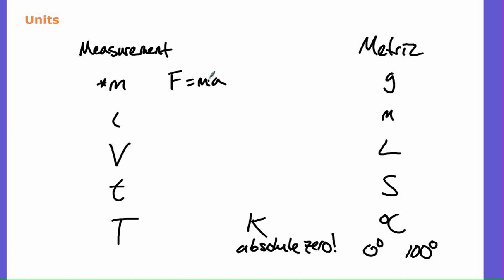But over here, 22.5 meters, that's a unit, that's a different thing. So you kind of have to understand the difference between a unit and a symbol in an equation that represents that physical property, mass.